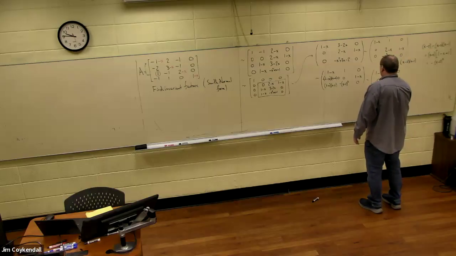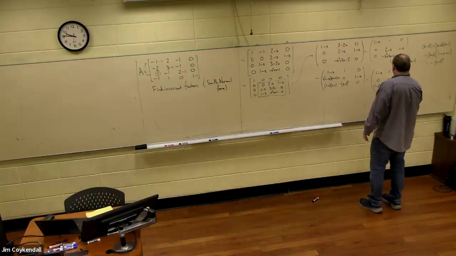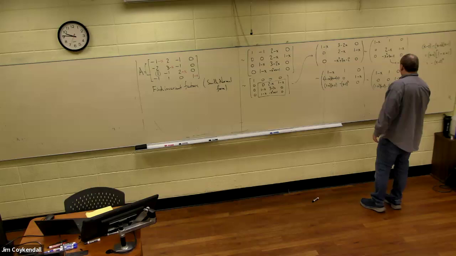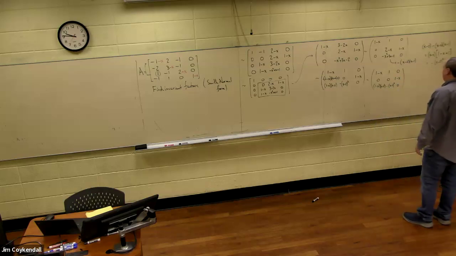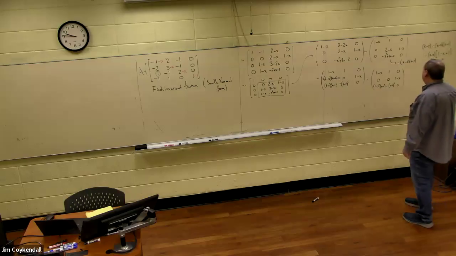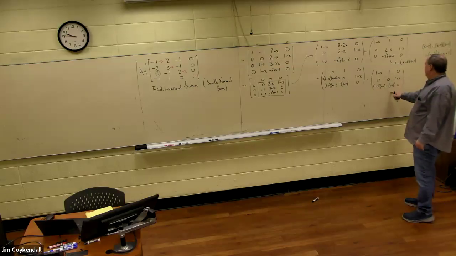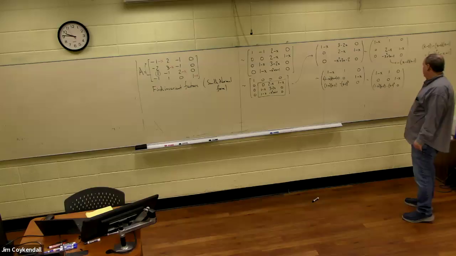One minus x, x minus two, minus x minus two squared, zero. So I've got it a little bit easier, right? And now, I guess, let's see, that's gonna kill that. And, oh, I guess I'm going to do here.